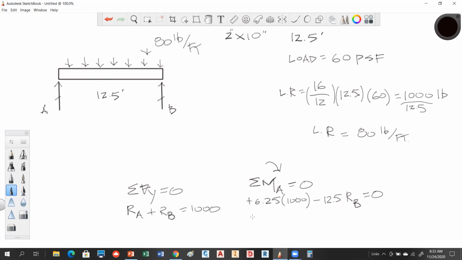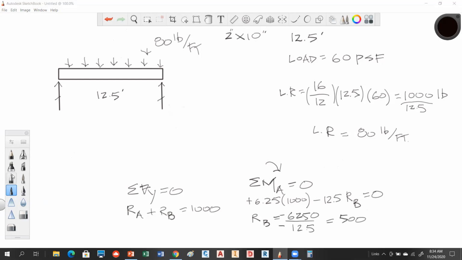We get RB is equal to 6,250 divided by 12.5, and it gives us 500. So if you're not sure that you can do that by symmetry, you can always just take a moment and prove it. Okay, so we know that this is 500.